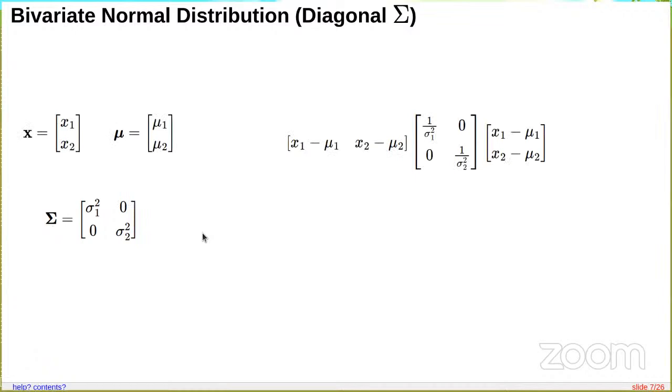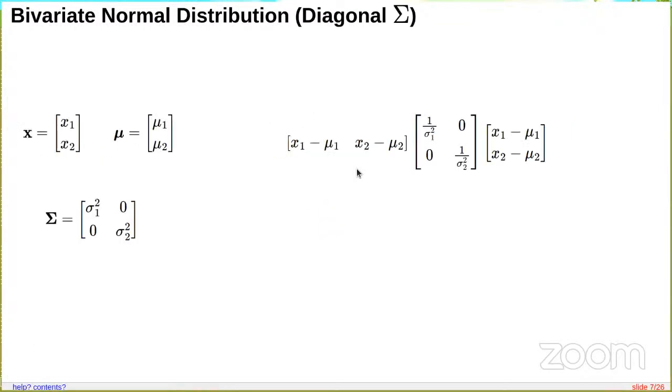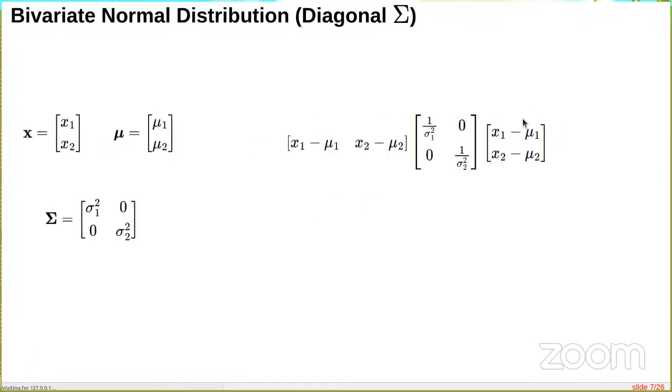So what we are going to do is compute this density. The tough part is this expression here, (x minus mu) transpose sigma inverse (x minus mu). That is what I have written here: x minus mu transpose is this thing.